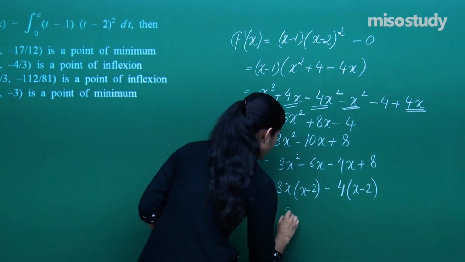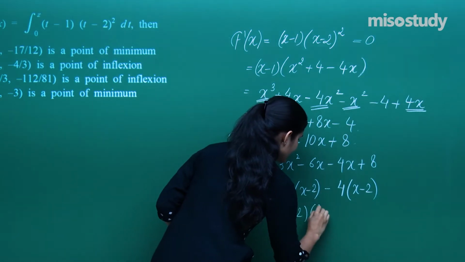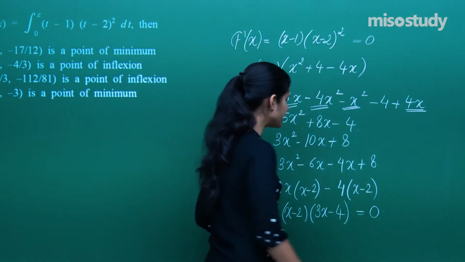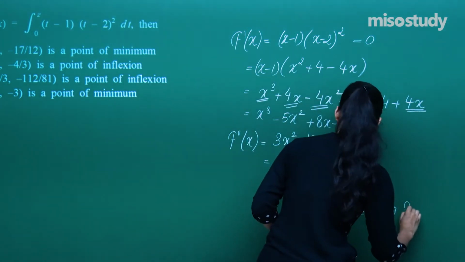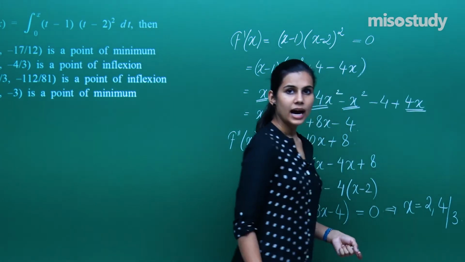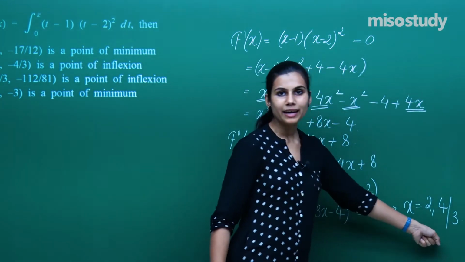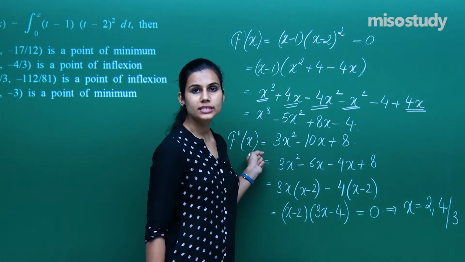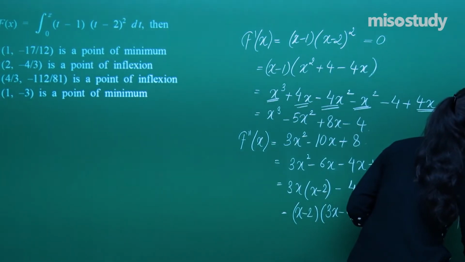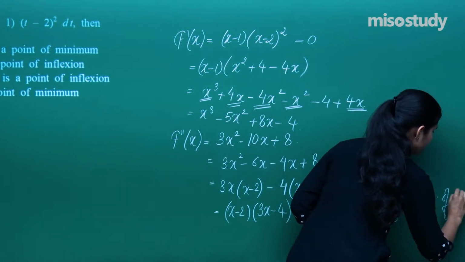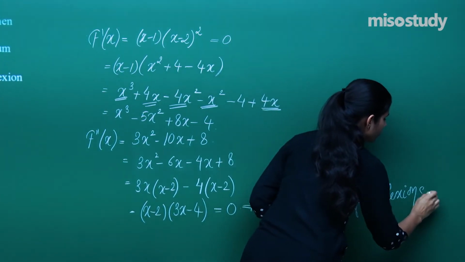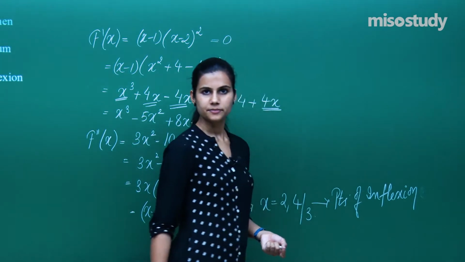So you are left with (x minus 2) and (3x minus 4). When you put this equal to 0, you basically get x equals 2 and 4 by 3. Around 2 and around 4 by 3, f double dash changes its sign and therefore 2 and 4 by 3 are my points of inflection.